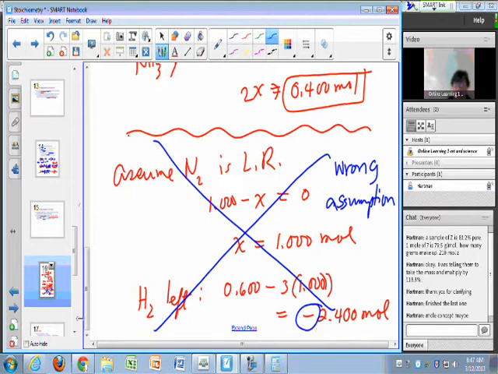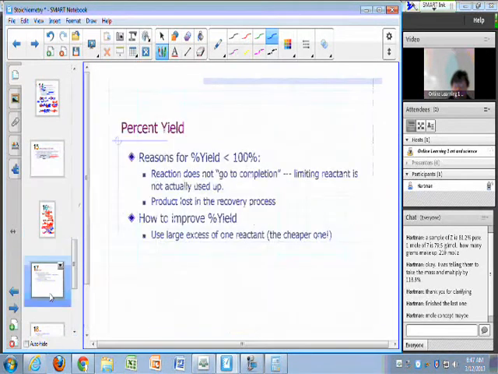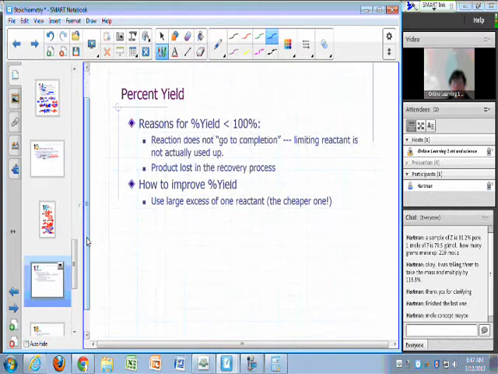So that's the idea behind limiting reactants. Like I said, you generally don't expect to get 100% yield from reactions in the lab, and if it does go to 100%, we say the reaction goes to completion. Reactions generally do not go to completion. One reason could be that your limiting reactant is not used up, and sometime later in your lessons in chemistry, you'll learn that reactions are in fact reversible.